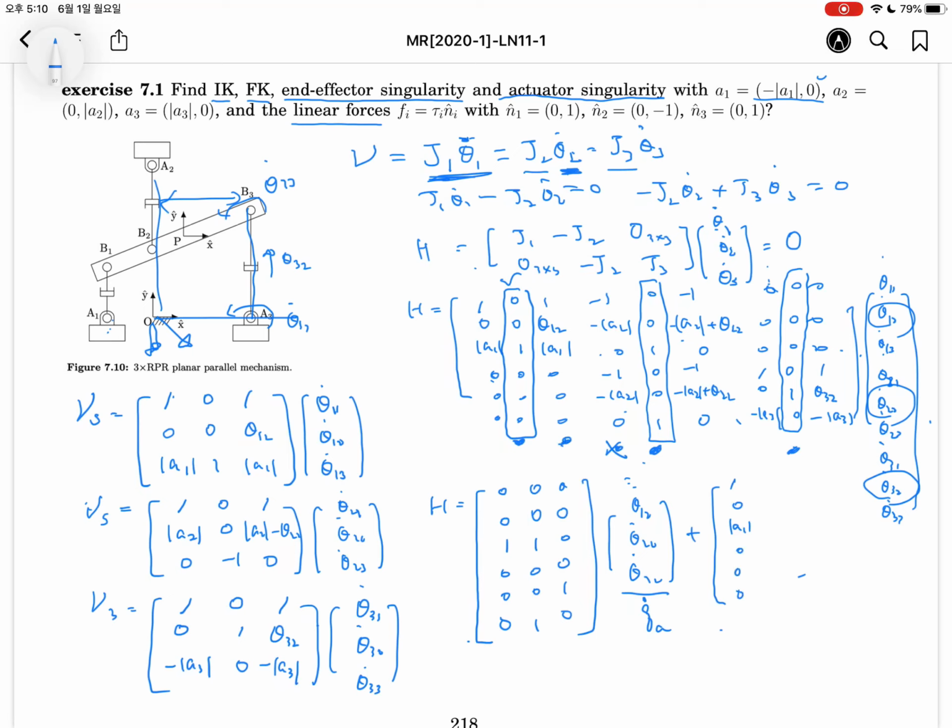The second one will be the third column of the H matrix: 1, theta 12, A1, 0, 0, 0. Okay, the first column will be added here: minus 1, minus A2, 0, minus 1, minus A2, 0. Okay, the sixth column here, minus 1.